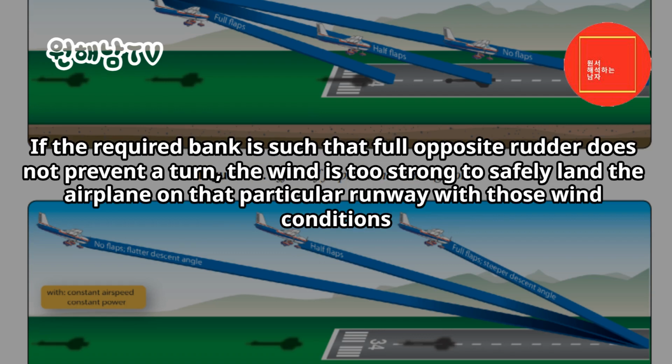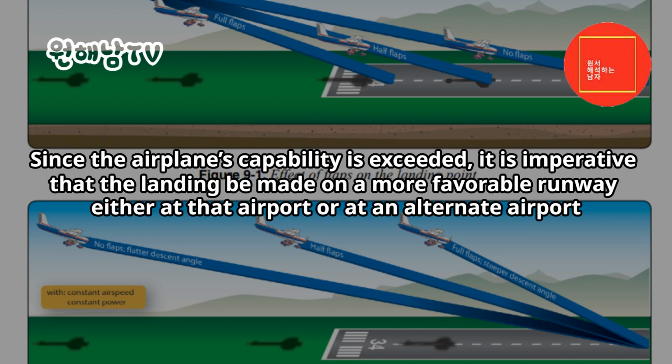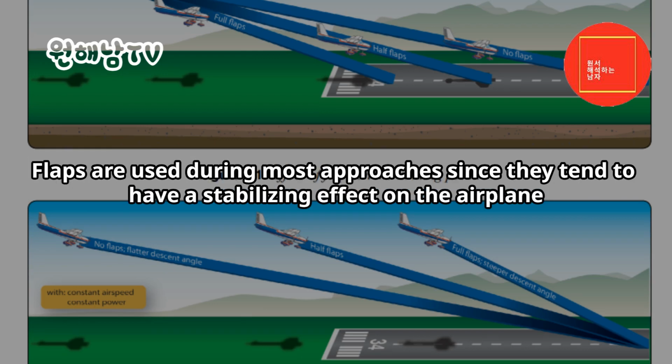If the required bank is such that full opposite rudder does not prevent a turn, the wind is too strong to safely land the airplane on that particular runway with those wind conditions. Since the airplane's capability is exceeded, it is imperative that the landing be made on a more favorable runway, either at that airport or at an alternate airport. Flaps are used during most approaches since they tend to have a stabilizing effect on the airplane.